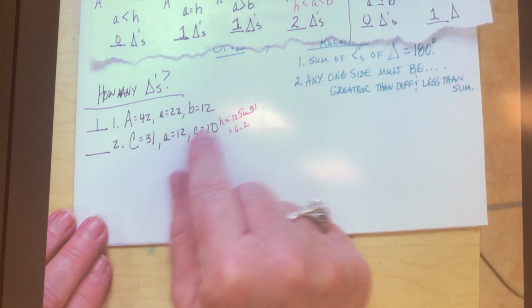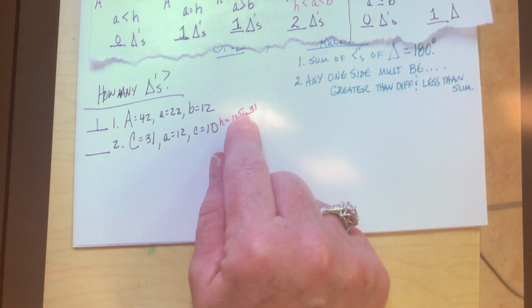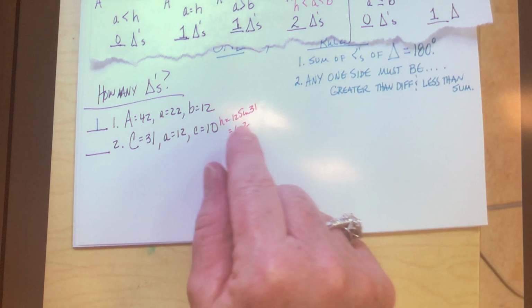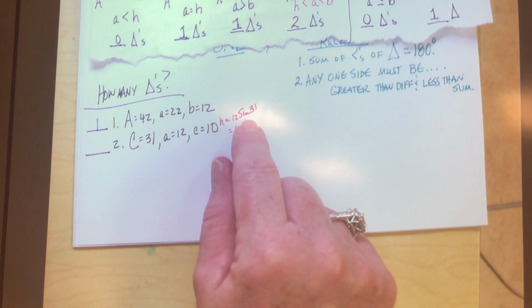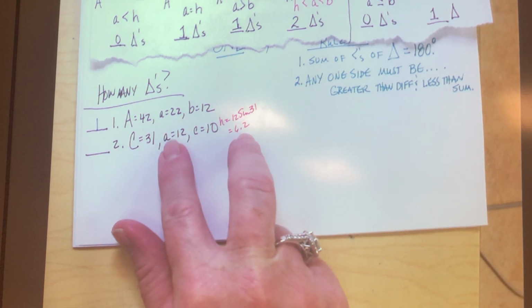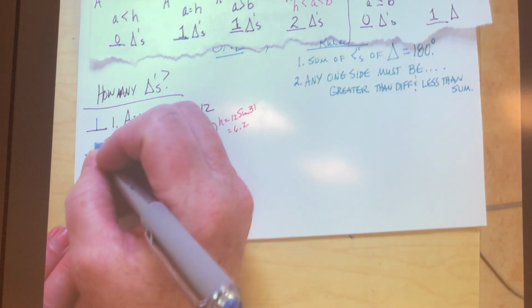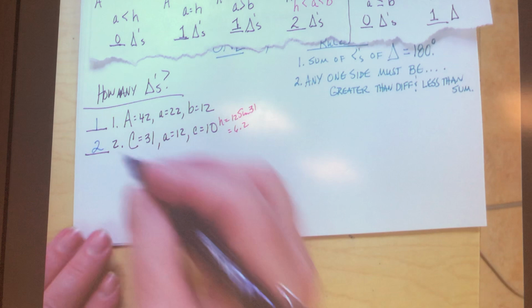Now I'm comparing that side to the height. If he's smaller than the height, you don't have any. But if he's bigger than the height, I know I have at least one. If this side is between these two numbers, that's when you have two. So how many triangles do I have? 2. Very good.